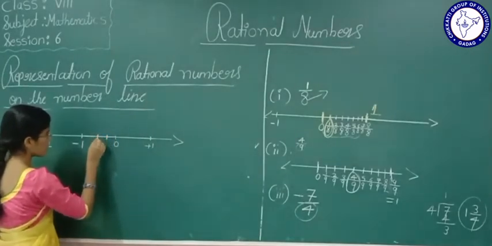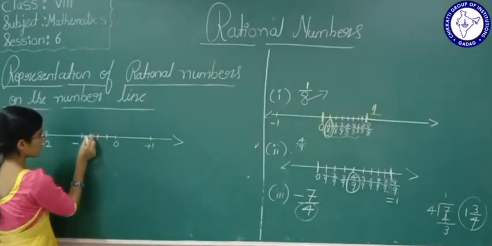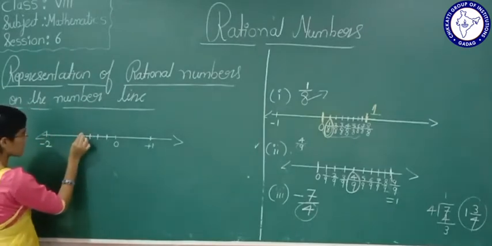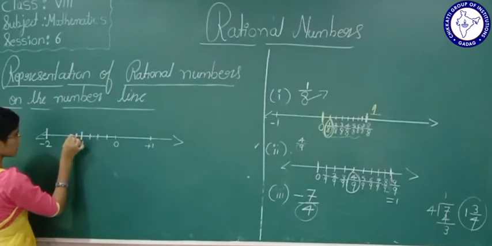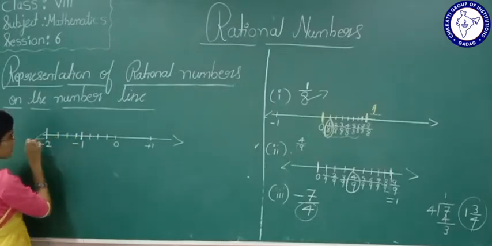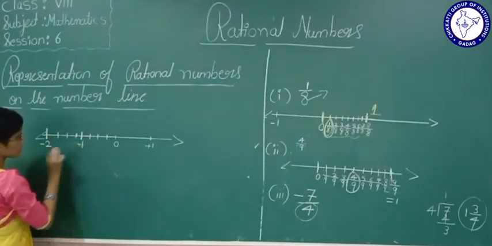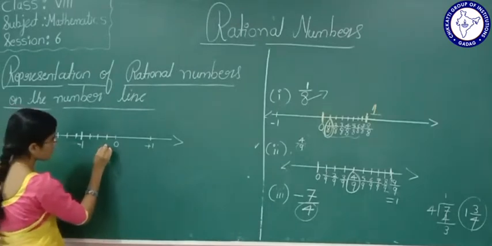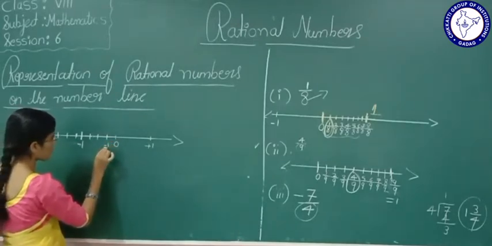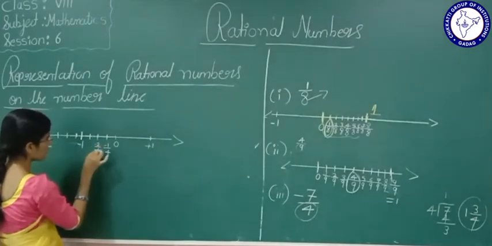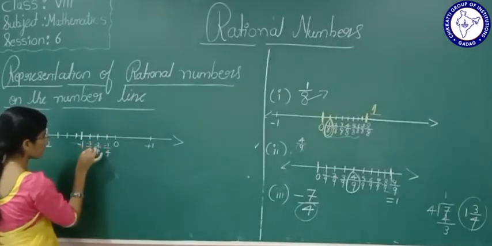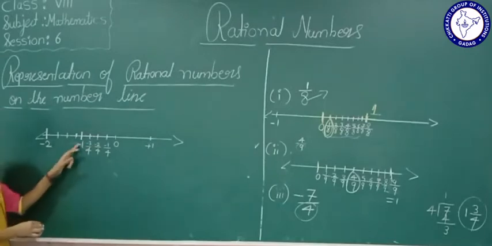1, 2, 1, 2, 3, 4. Again here 4 equal parts. 1, 2, 3, 4. Now see here, this will be what? Minus 1 by 4, minus 2 by 4, minus 3 by 4, minus 4 by 4 is minus 1.